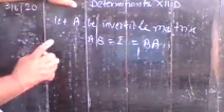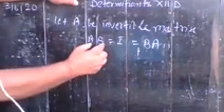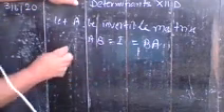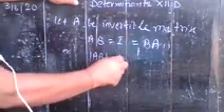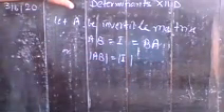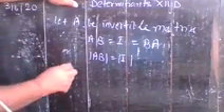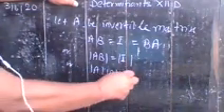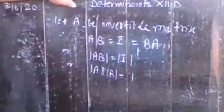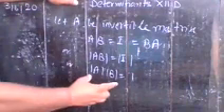Now you take the determinant on both sides, but only of two terms, AB and I. You write the determinant of AB equals the determinant of I. The determinant of AB can be written as determinant of A into determinant of B, which is equal to 1, since the determinant of the identity matrix is 1.